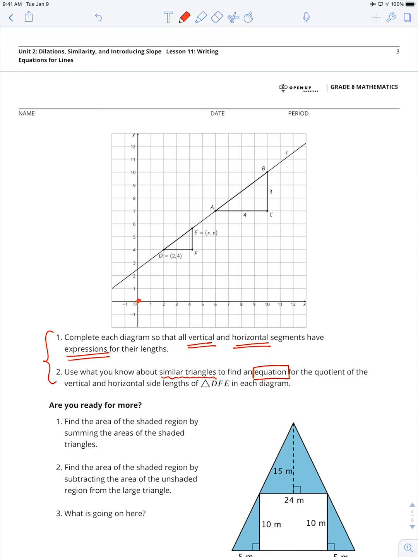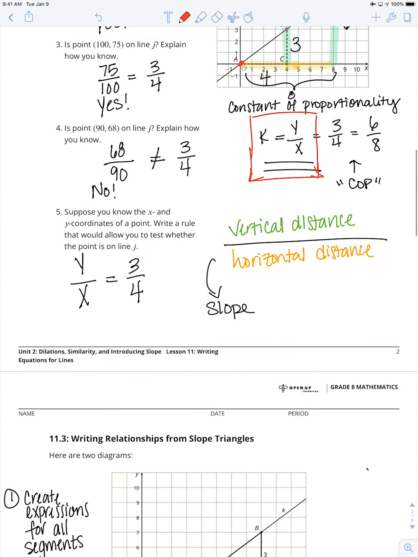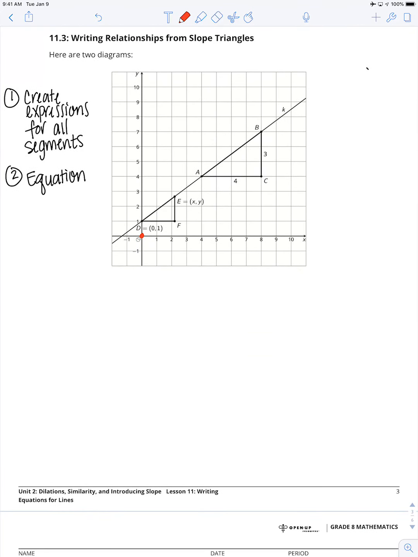Now, equations can essentially be looked at as like a rule, and we did that earlier in this video, right? This was our rule or our equation from earlier. But now the difference is we don't have a proportional relationship. It's actually translated now. If you look at this triangle, it actually has been shifted up one.